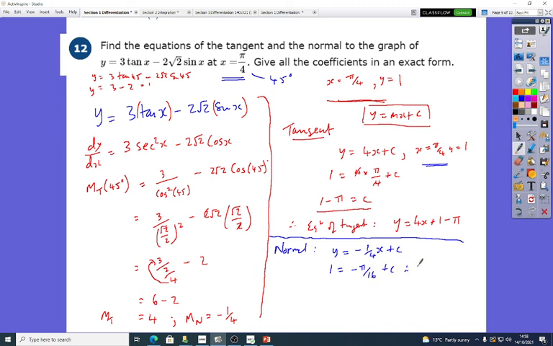Therefore c, when I take that to the other side, is 1 plus pi over 16. So the equation of the normal will be y equals minus 1/4 x plus 1 plus pi over 16. And that is it.